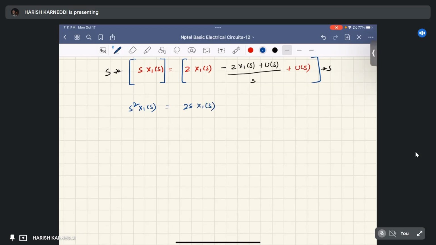This s and s will be cancelled, so it will be minus 2 x1 of s plus u of s. Here there is no function, it is simply s into u of s.